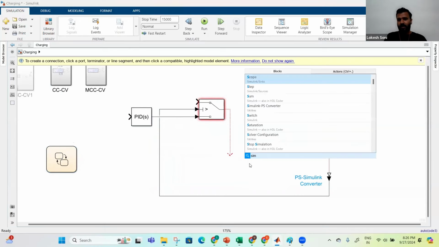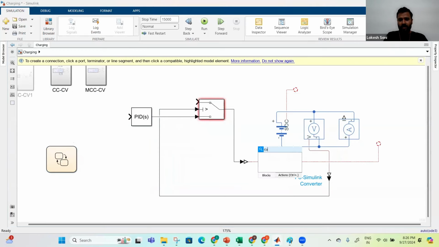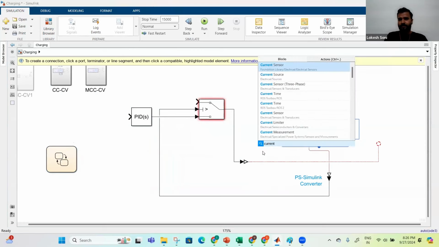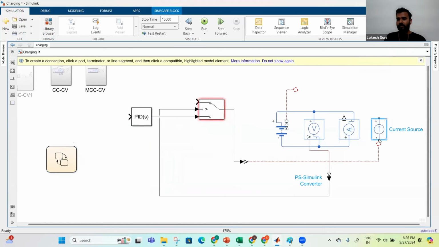So this should be going to the battery. So I need a current source, which would feed current to the battery.